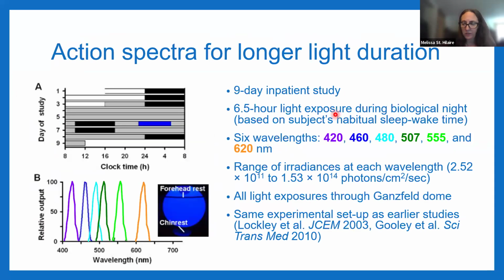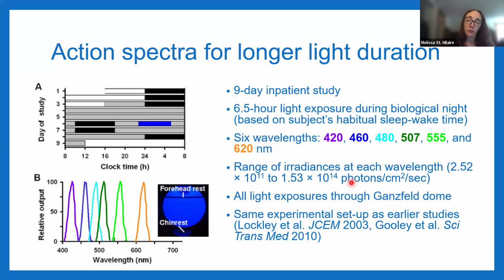And so just to talk about what we did in the study, this was a 9-day inpatient study. This is the same experimental setup as some of the earlier studies that I showed. We gave a 6.5 hour light exposure during the biological night, and this was all timed relative to the subject's habitual sleep-wake time. We looked at 6 wavelengths, so running from 420 all the way up to 620.